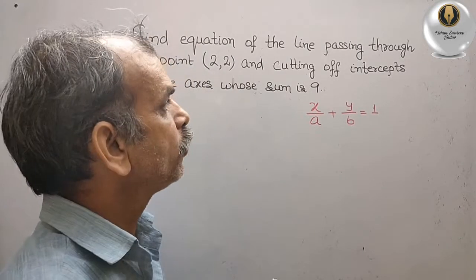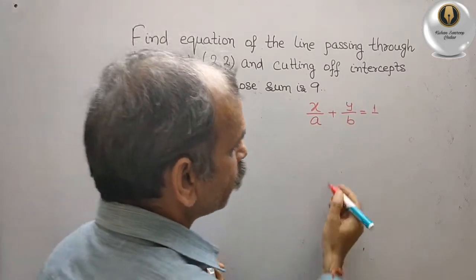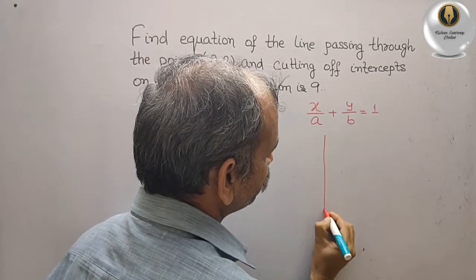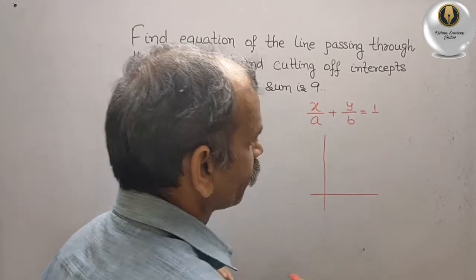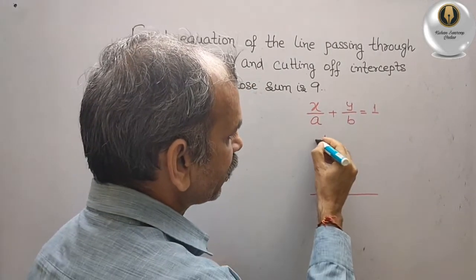Now, what he told, you understand this. Suppose this is a line. This is your coordinate axes and this is a line.